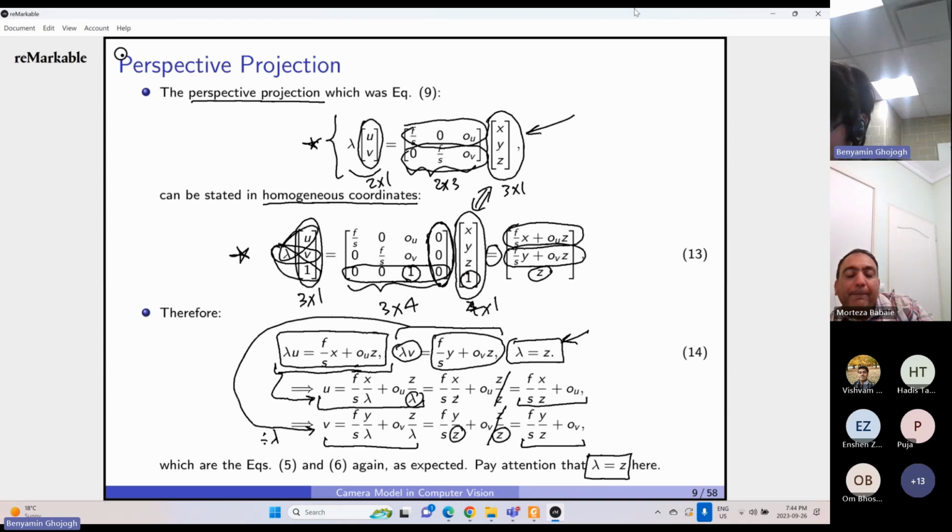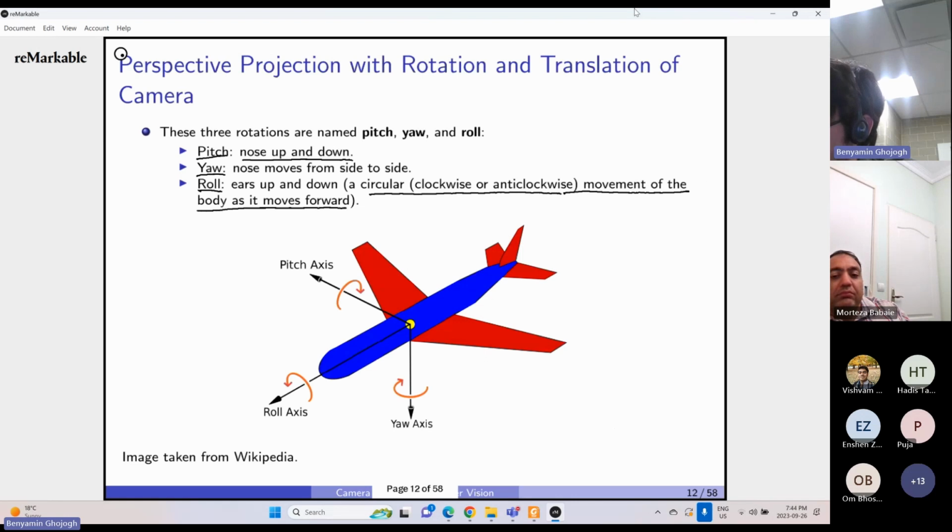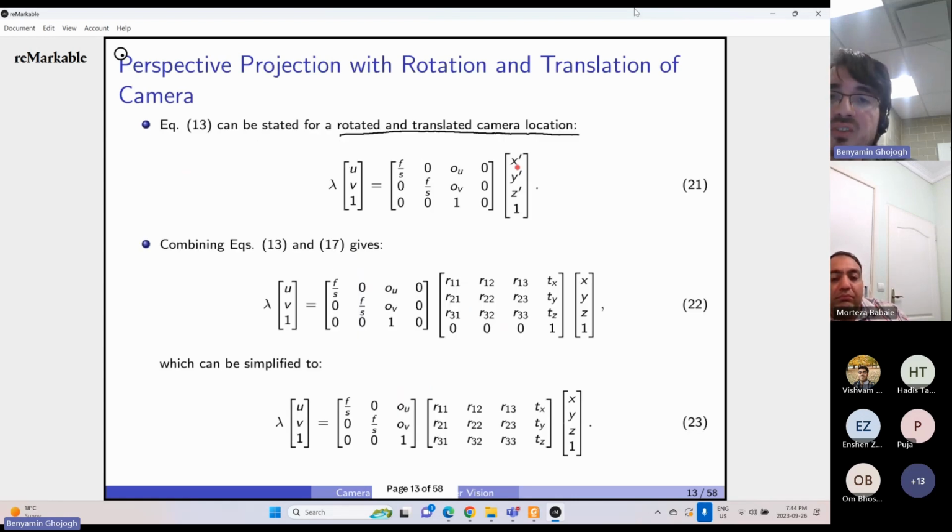But now this was assuming that the camera is at the origin. There is no translation and no rotation of the camera. But what if I have rotation and translation? Then I replace x, y, z, and 1 with x prime, y prime, z prime, and 1, homogeneous coordinates after translation and rotation.